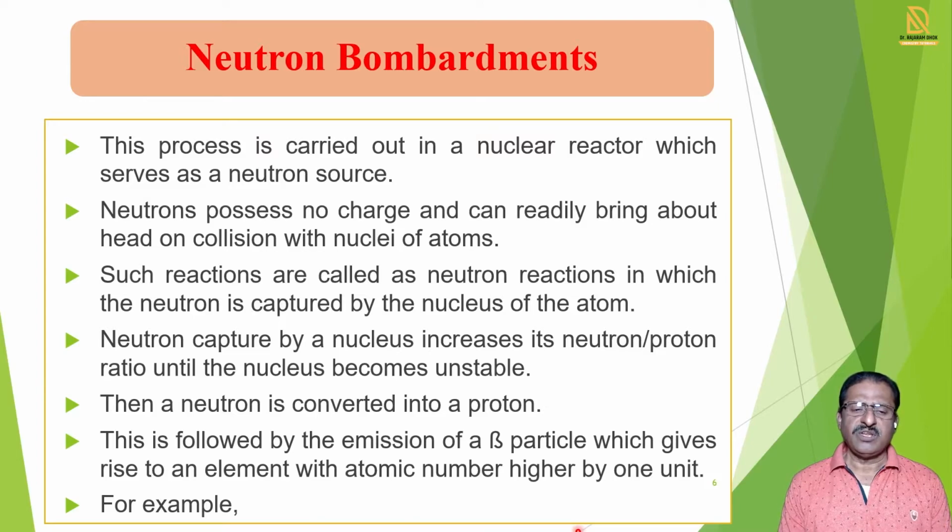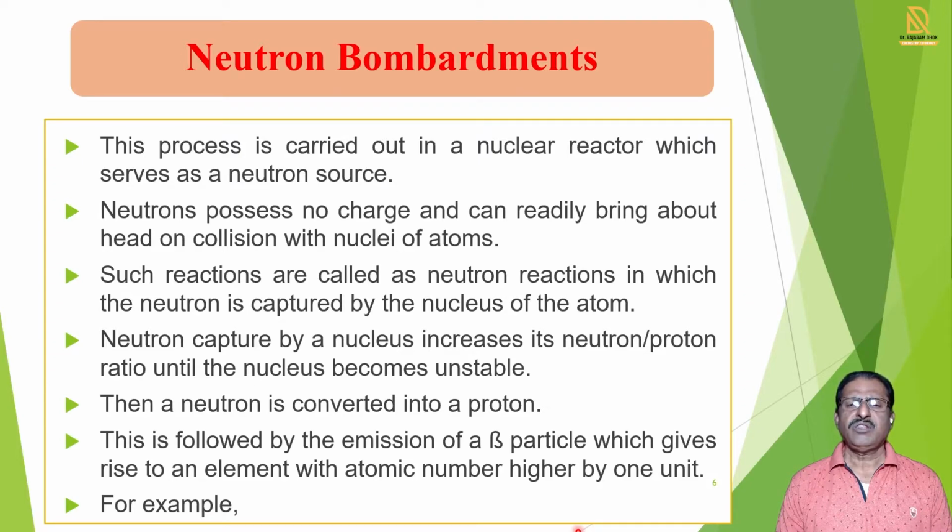So the neutron captured by the nucleus increases its neutron to proton ratio. And when the neutron to proton ratio increases, it keeps increasing until the nucleus becomes unstable.